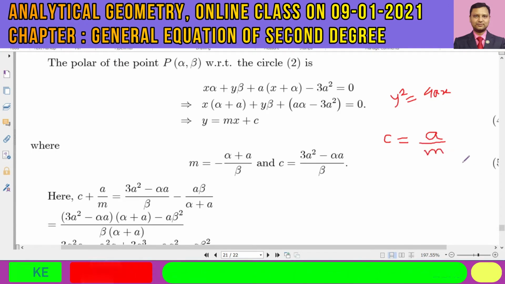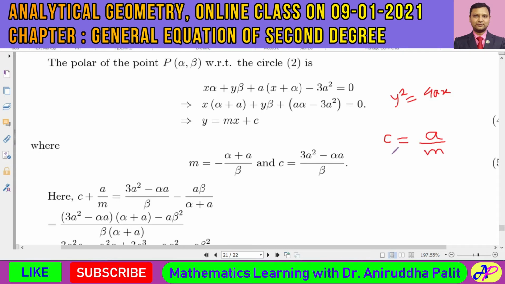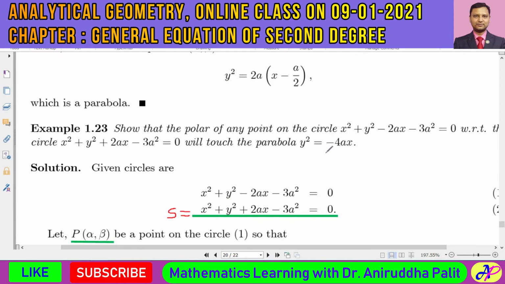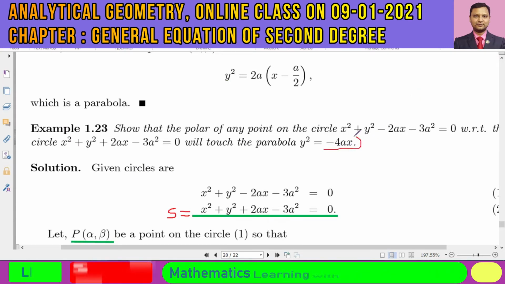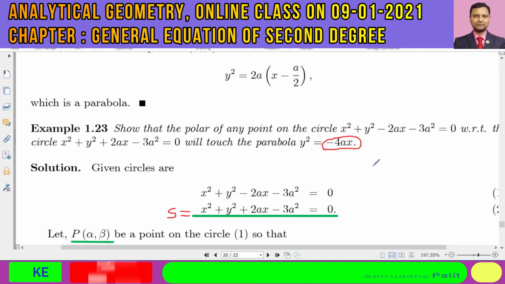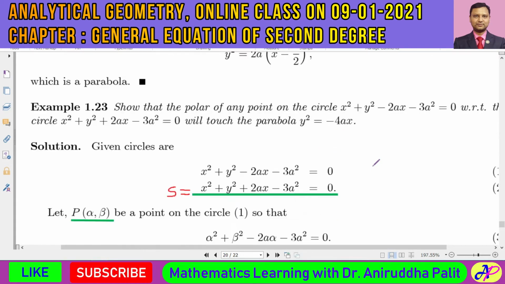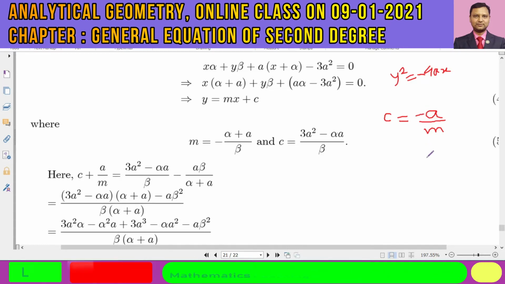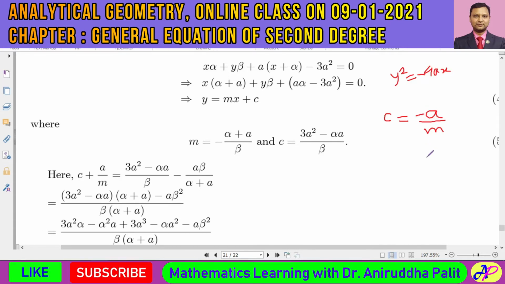C is equal to a by m. But in this question, in place of y square is equal to 4ax, we have minus 4ax. Okay, y square is equal to minus 4ax. So a negative sign is to be introduced over here. So minus 4ax. That means a should be replaced by minus a. So the condition would be c is equal to minus a by m.